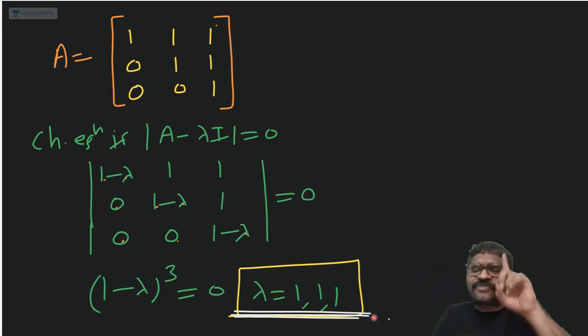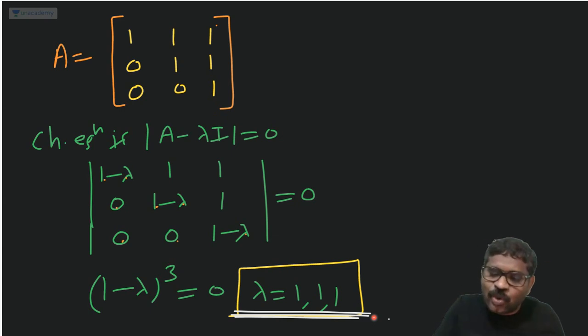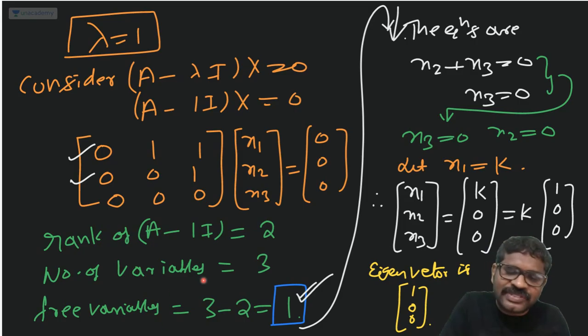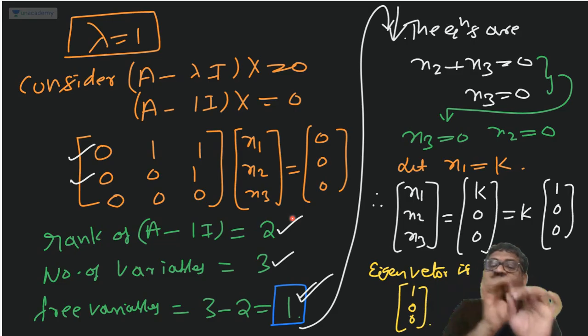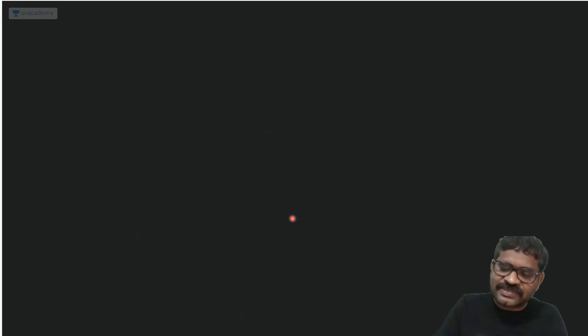For every different eigenvalue, there will be one distinct independent eigenvector, 100%. For repeated eigenvalues, total number of variables minus rank of A minus lambda I gives you an idea about how many independent eigenvectors you have. Okay, next.